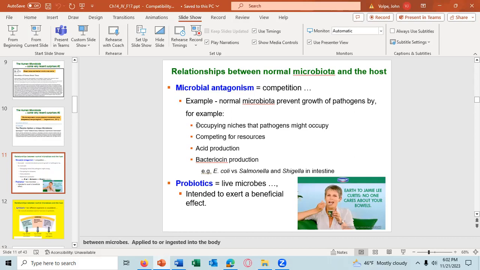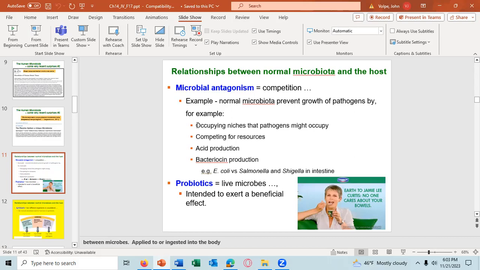And that's also true with the normal microbiota in our lower urethra, making the environment more acidic. And that will prevent the growth of many human pathogens. Not all, but many.